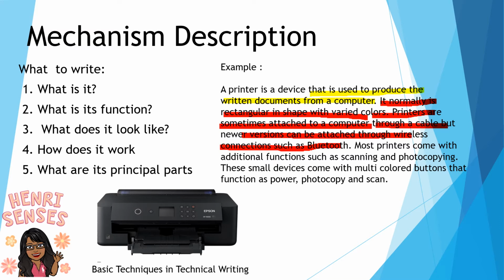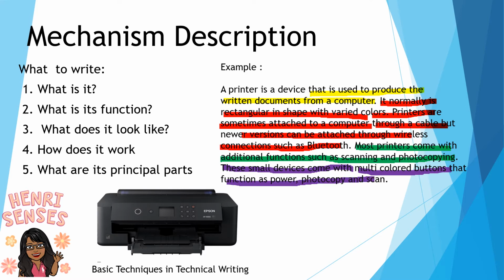Okay, how does it work? Most printers come with additional functions, such as scanning and photocopying. What are its principal parts? We have here these small devices that come with multicolored buttons that can function as power, photocopy, and scan.